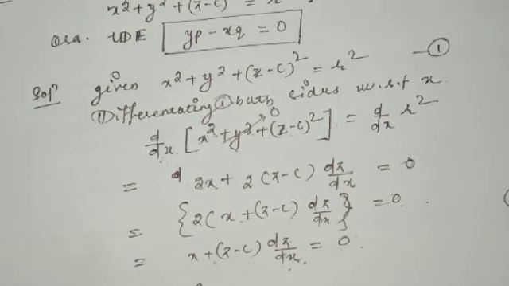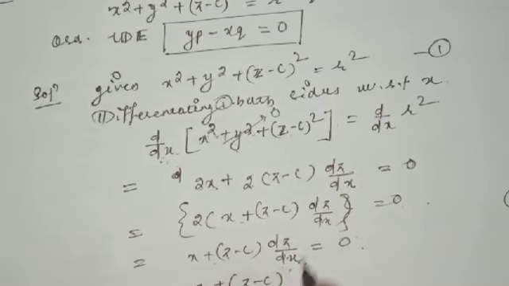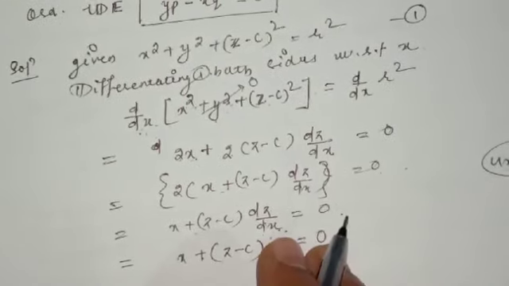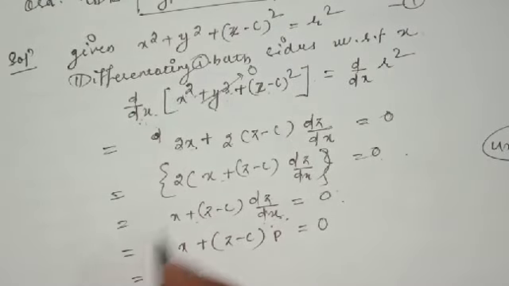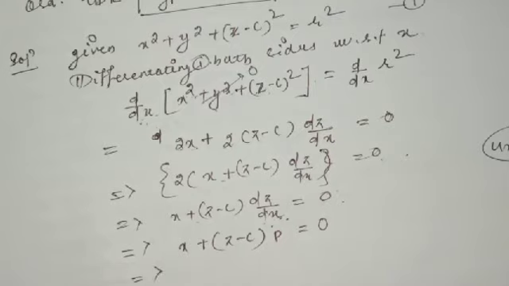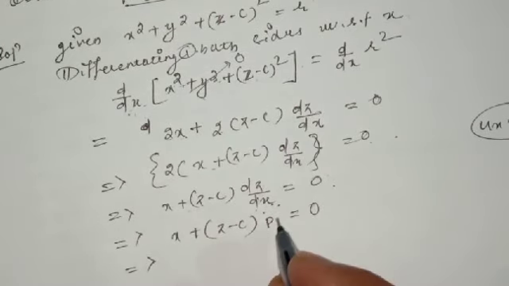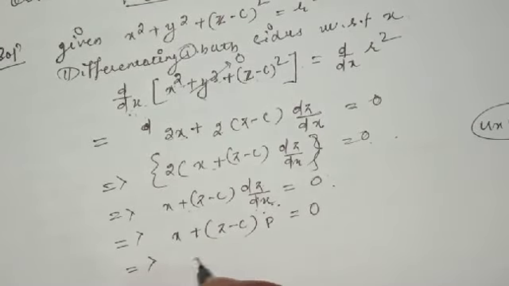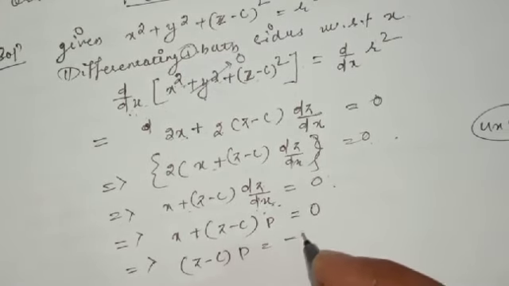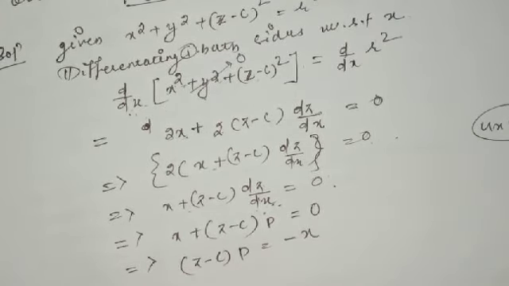So we can write x plus (z minus c), and in the place of dz by dx we can write p, which is equal to 0. So from this equation we get (z minus c) p is equal to minus x. Is that correct, students?